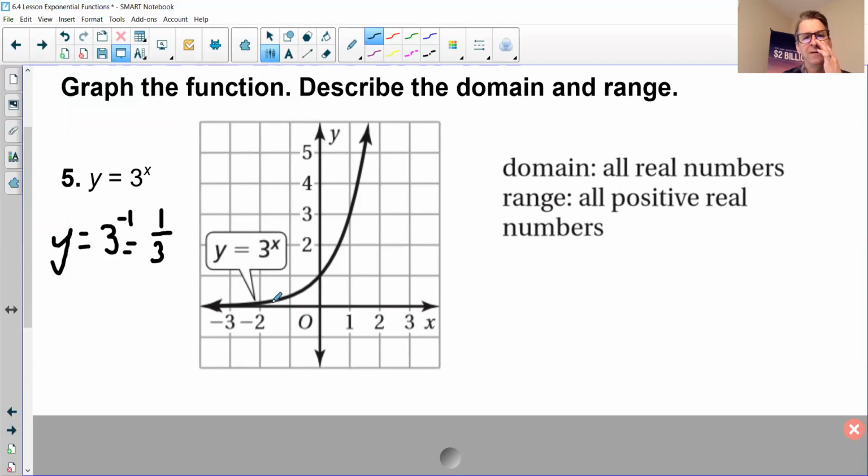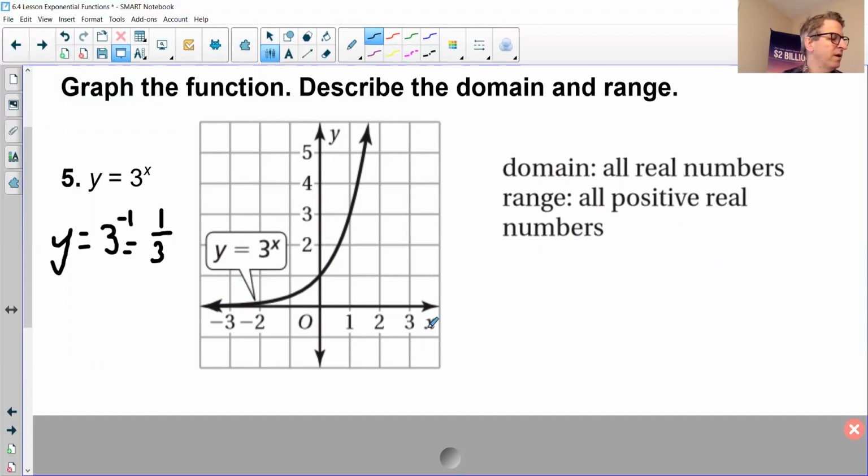As you go further negative, -2, -3, the value of y gets smaller and smaller. So the domain is all real numbers, and we only have positive values of y.